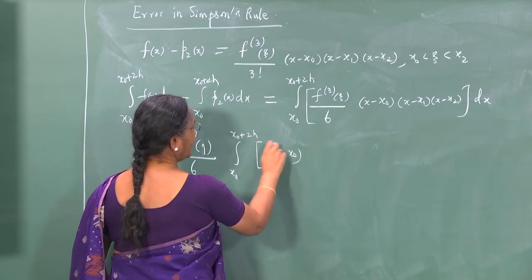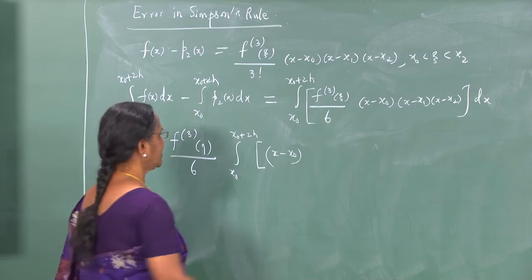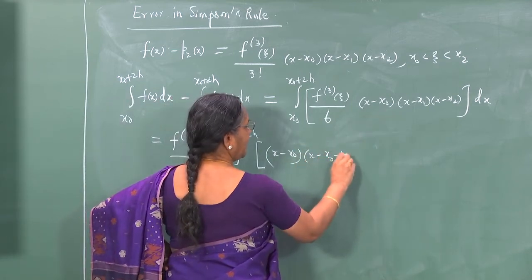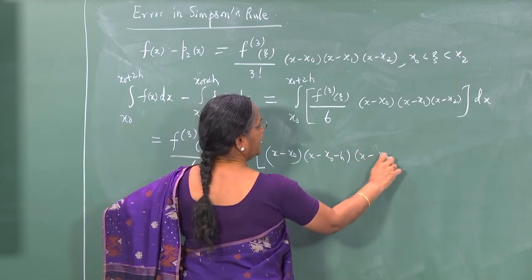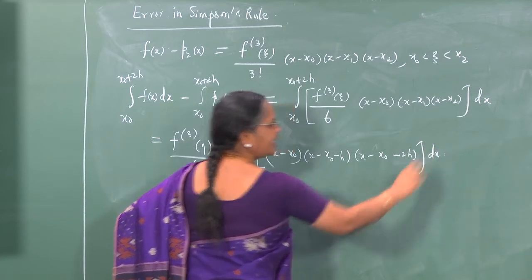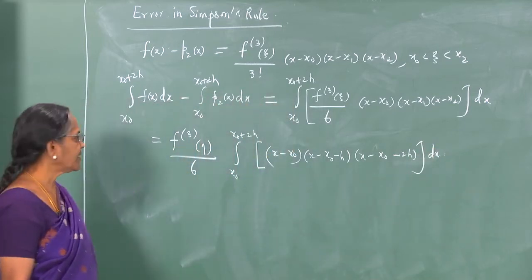I use the fact that the points are equally spaced. So, it is (x minus x0) into (x minus x0 minus h) into (x minus x0 minus 2h), and this must be integrated with respect to x.